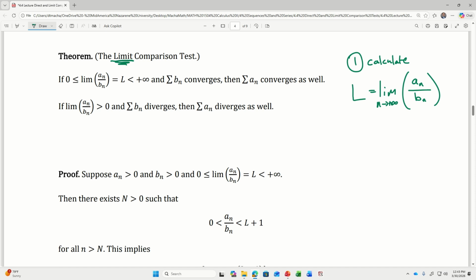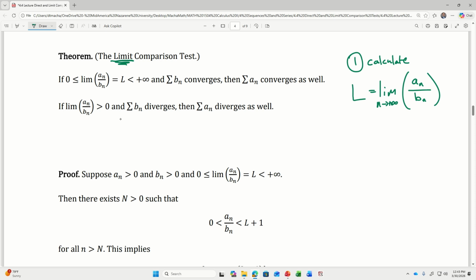So the series you care about is on top. The series you're comparing it against, the b series that you pick yourself, goes on the bottom. When we take the limit of that ratio as n approaches infinity, we're going to get a limit capital L.